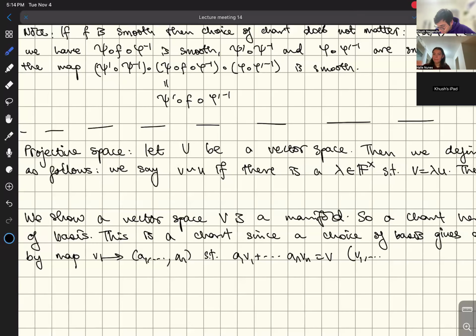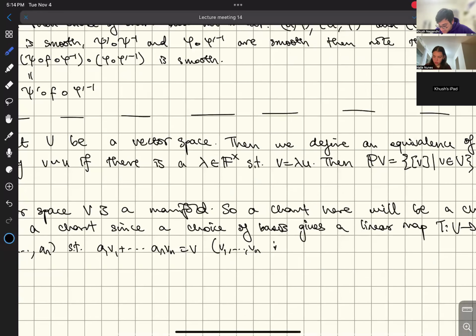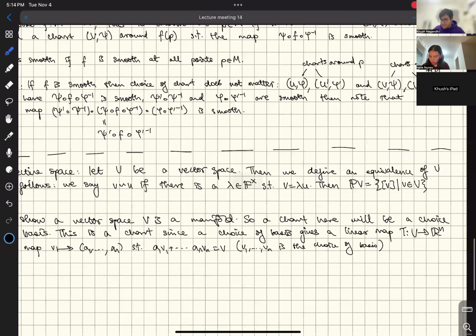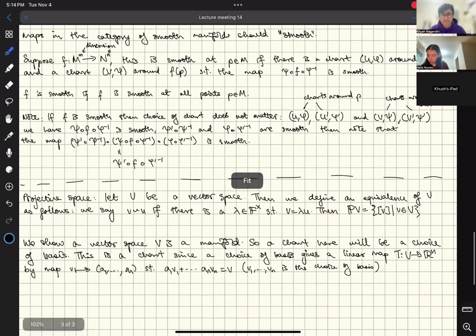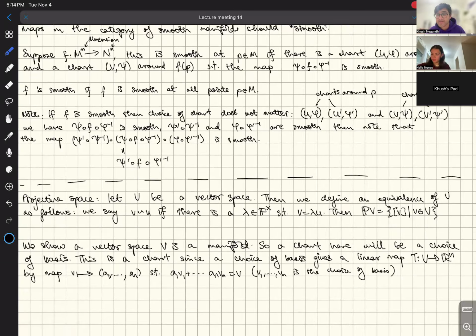Here v1 up to vn is the choice of basis. And in the topology we work with on vector spaces, we know that linear maps are continuous. In fact, linear maps are smooth. One can now check that the transition maps are change of basis matrices, and those are just linear maps, so they're smooth.